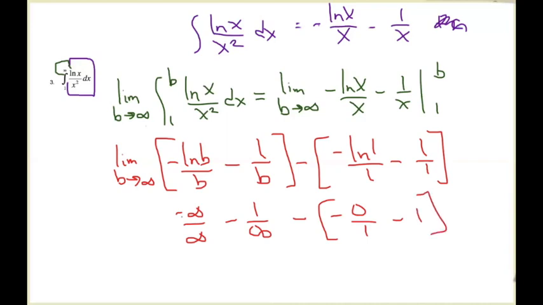And as we evaluate this, we've got negative infinity over infinity, minus 1 over infinity, plus 0 plus 1. This thing right here is going to 0.